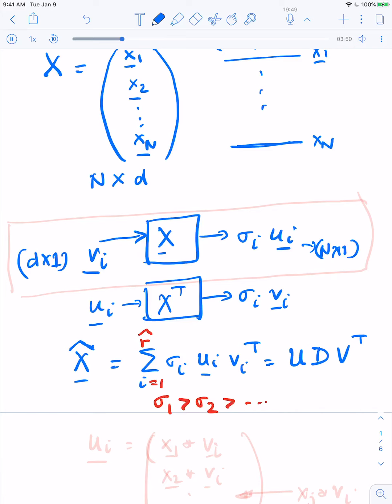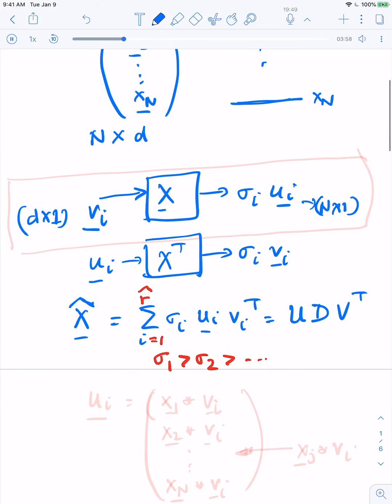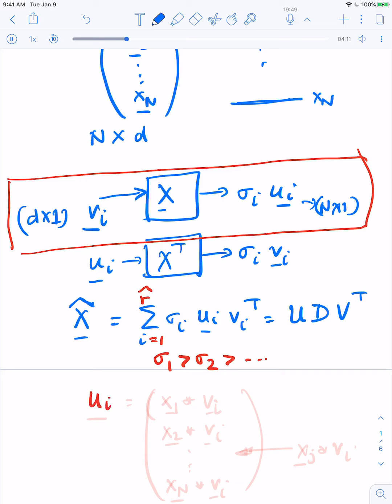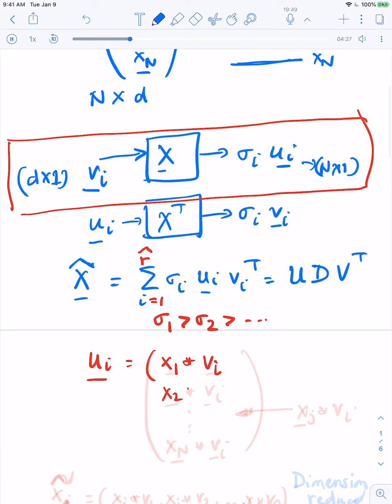So just to make sure, what is going on? If I stop at r hat, what have I done? I have said that each of these operations is a projection into a single number for each example, right? So ui is basically x1 multiplied by vi, and then x2 multiplied by vi.